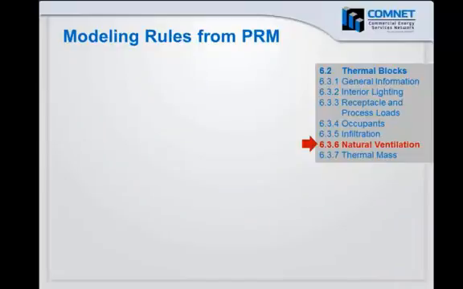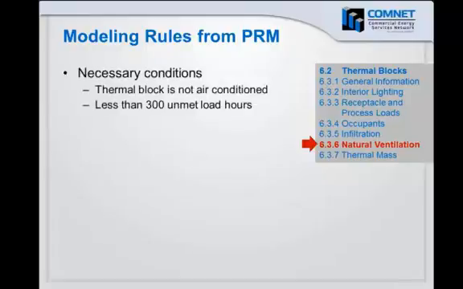Moving on to natural ventilation. There's a couple of requirements that come from the performance rating method. The first requirement for modeling natural ventilation in a space is that it not have air conditioning. And the second requirement is that there be fewer than 300 unmet load hours in that space.